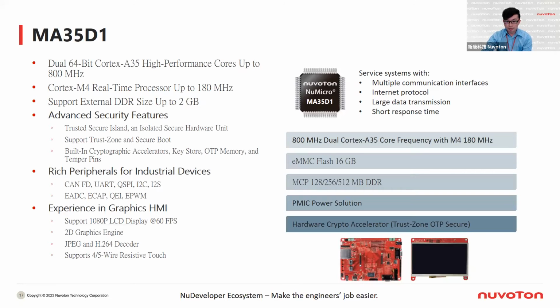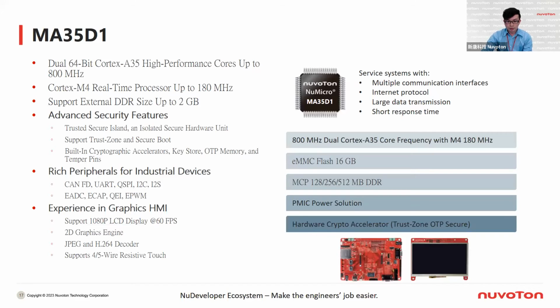In terms of memory, there are several options available, including 128, 256 or 512 megabytes of DDR memory, along with 60 gigabytes of eMMC flash memory for storage. It also has a wide range of peripherals.